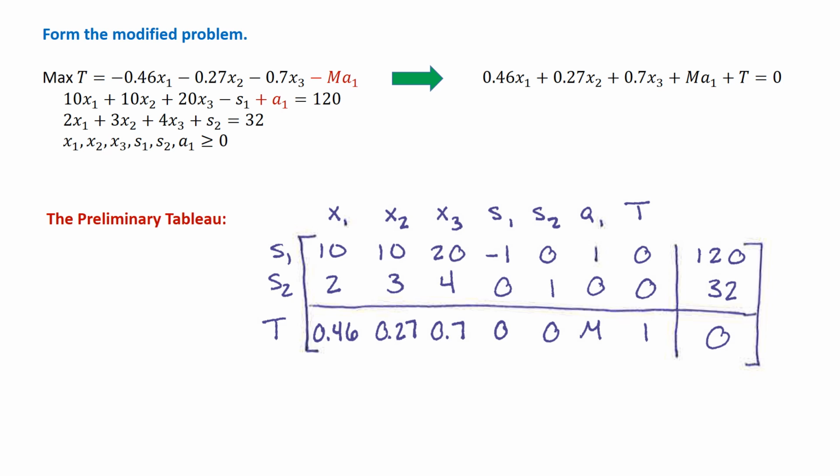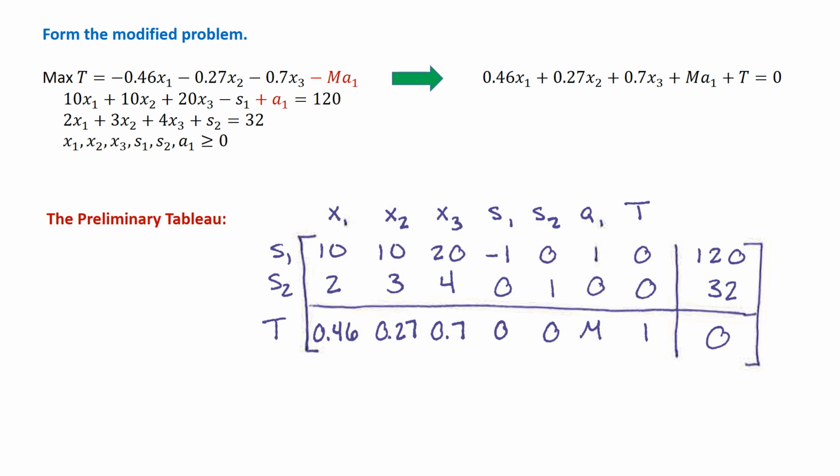So row 1 is 10, 10, 20, negative 1, 0, 1, 0, 120. Row 2 is 2, 3, 4, 0, 1, 0, 0, 32. And row 3 is 0.46, 0.27, 0.7, 0, 0, M, 1, 0.